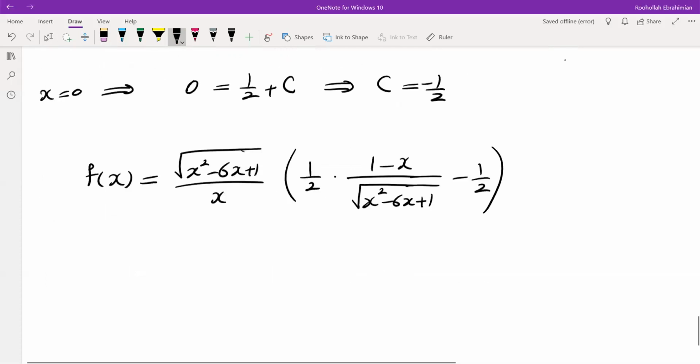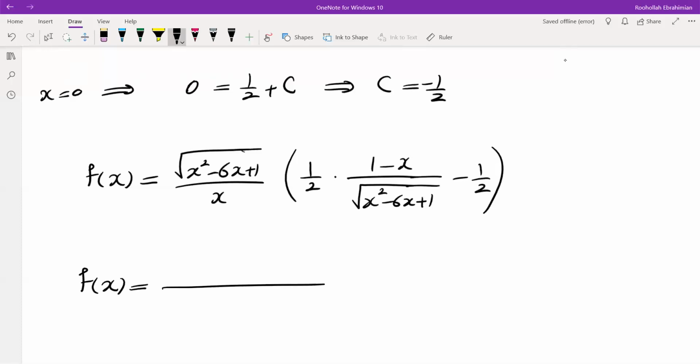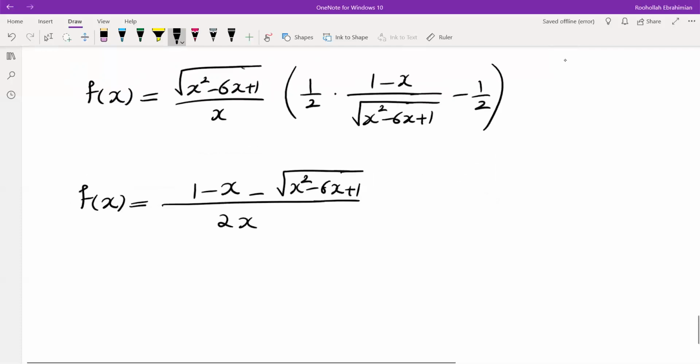So we simplify that and we get f of x is equal to, at the bottom I'm going to have a 2x. The square roots cancel. I get 1 minus x on top, and I get minus square root of x squared minus 6x plus 1 at the bottom. So essentially, this is the power series.